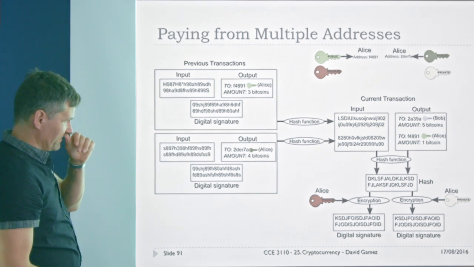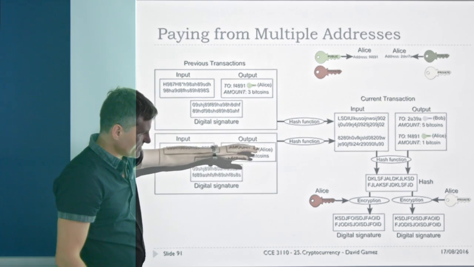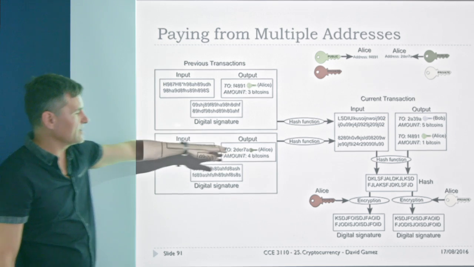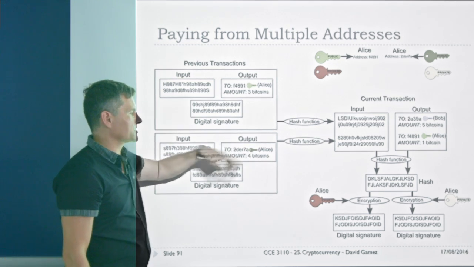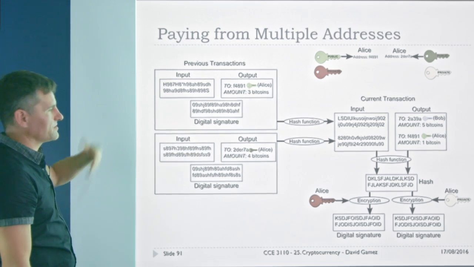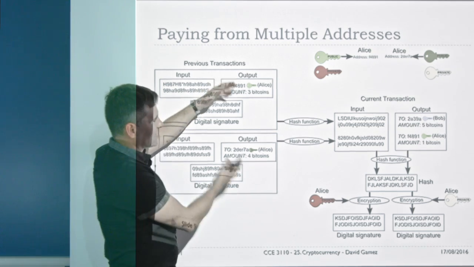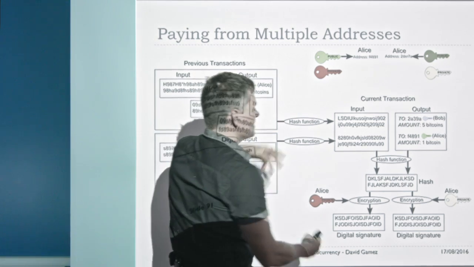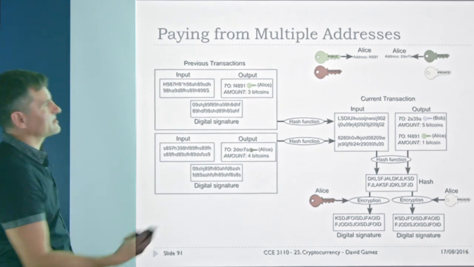So if you can link the transaction in some other way to a purchase of goods or laundering money or whatever, and you can see it being combined with another address, then you can tell that it's the same person.